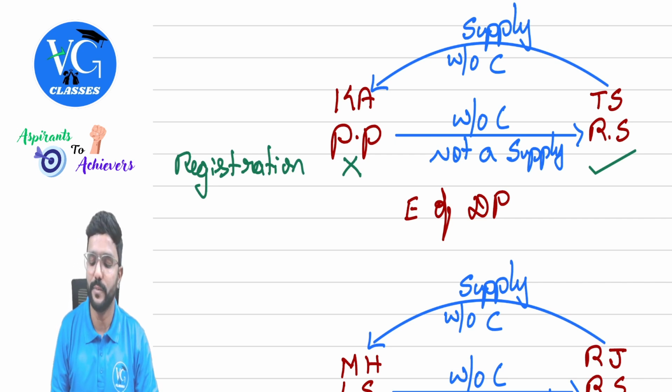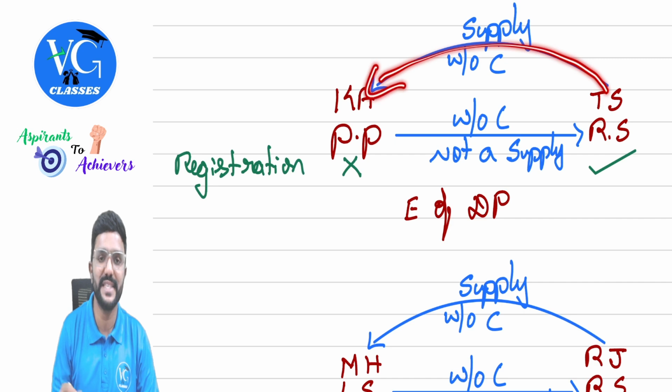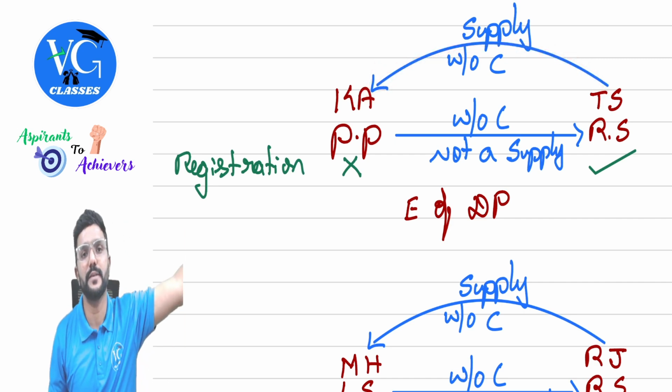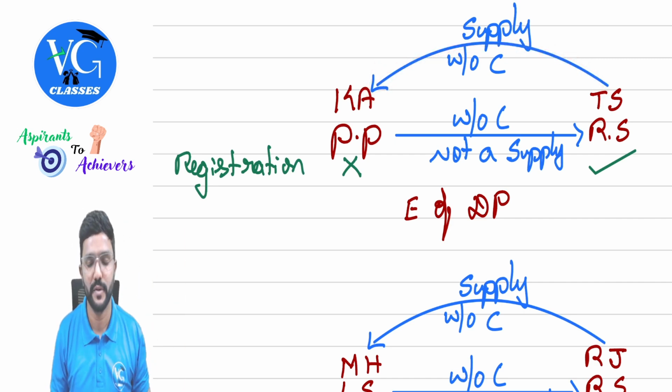Now assume, sir, from the restaurant in Telangana, a few food items have been sent to my Karnataka office members or employees without consideration. Is it a supply? Yes, it is a supply. Even without consideration, it is a supply as per para 2 of Schedule 1 because it is an establishment of distinct person.